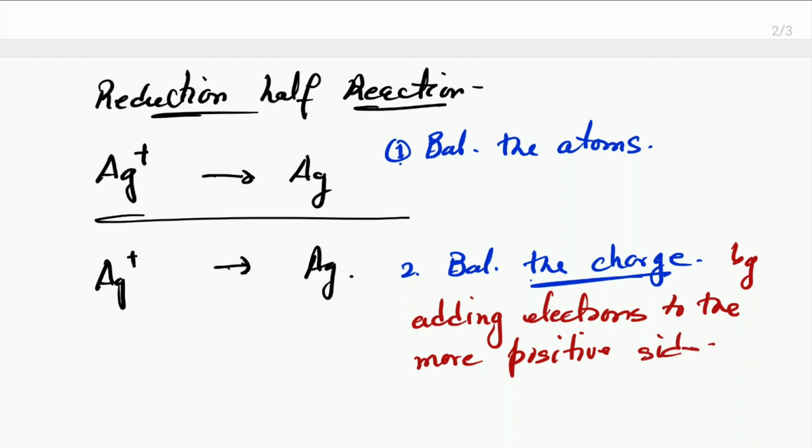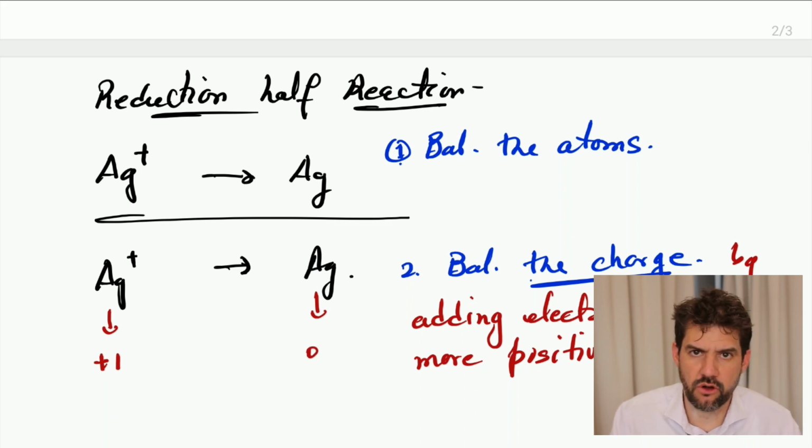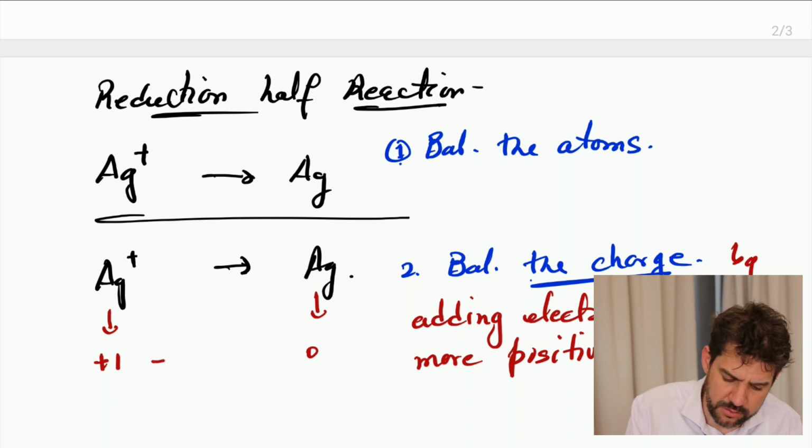All right, so we have to determine which one is the more positive. The left-hand side, the charge is positive 1. The right-hand side, the charge is 0. So the left-hand side is more positive than the right. We're going to add electrons on the left-hand side. How many? So we can have an equal amount of charge. We're going to add 1 electron.